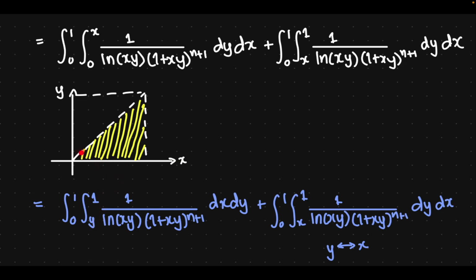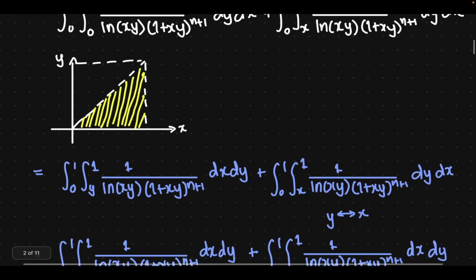Notice that if we look at x first, because x is going to be inside now, x is actually going from this point, which is x equals y, to the end point, which is x equals 1, and then y is obviously doing the rest of the iteration from 0 to 1 here.